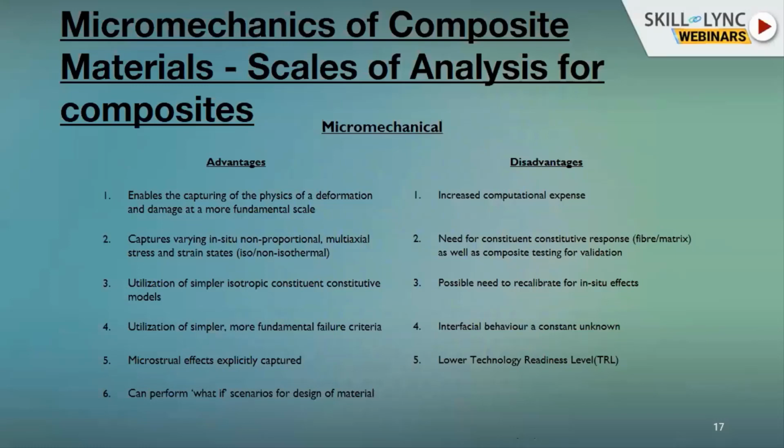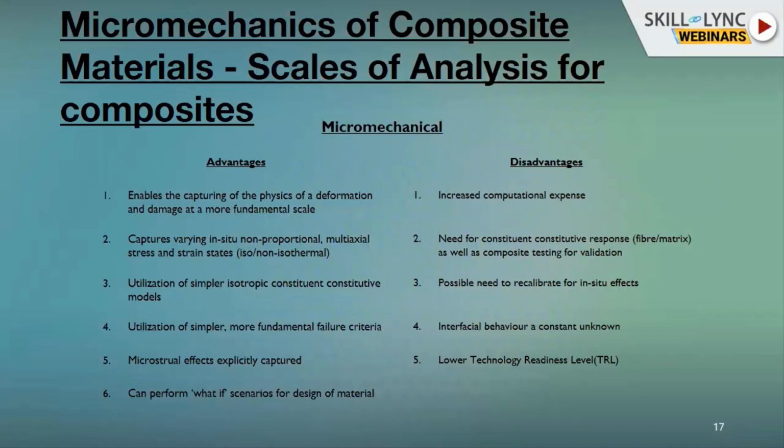When we analyze at the scale of micromechanics, the major advantage is that we'll be able to capture the physics involved in the deformation and the damage at a very fundamental level. This will also capture various states of multi-axiality involved in stress and strain states, as well as isothermal or non-isothermal conditions.